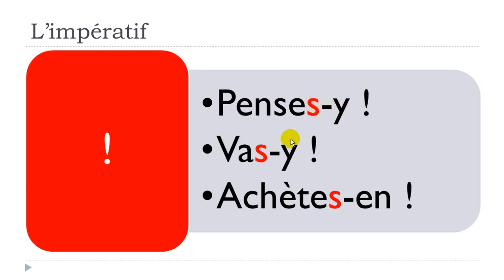So you get to make this liaison. Same thing here, vas-y, all right? And then achètes-en, achètes-en. So that's one important thing if you want to construct this imperative form with pronouns.